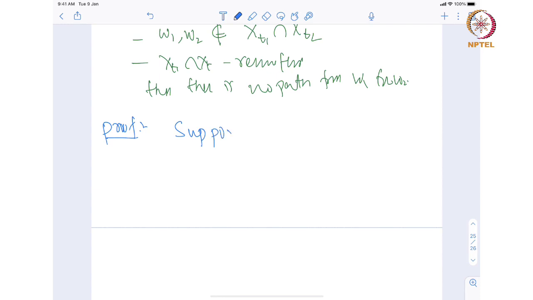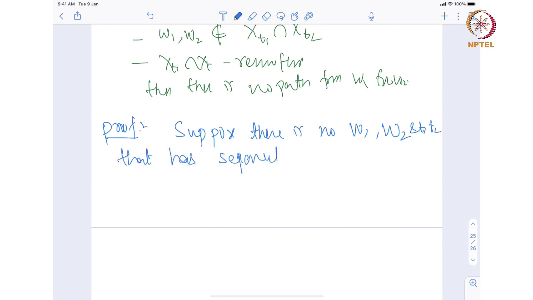Suppose there is no W1, W2 and T1, T2 that has the separation property. Okay.